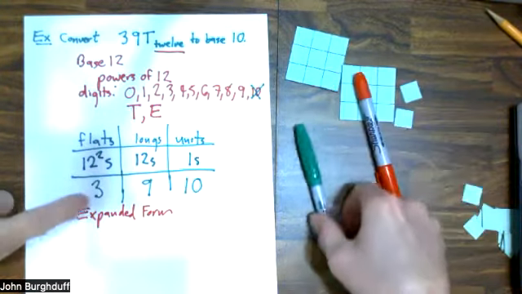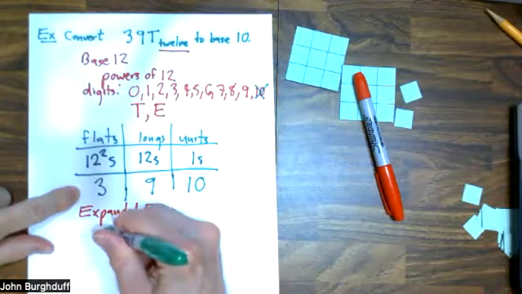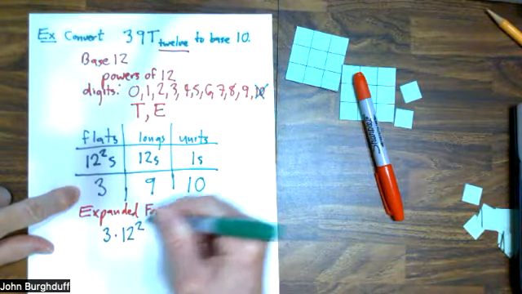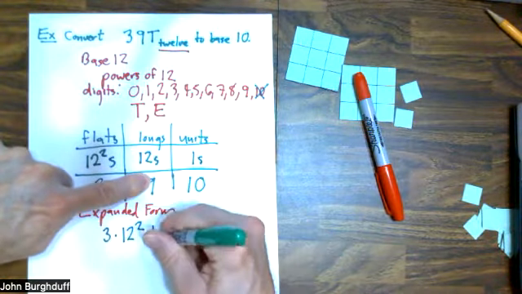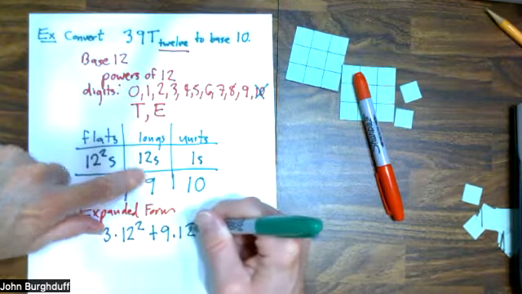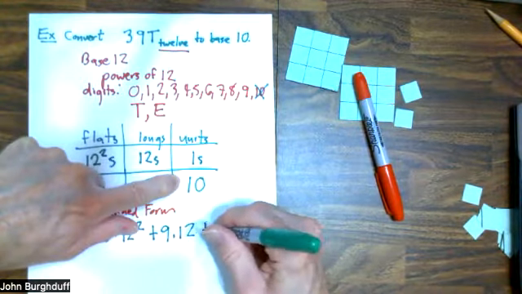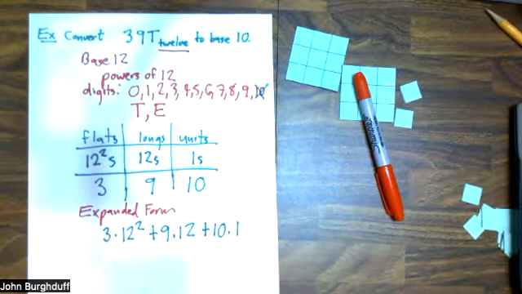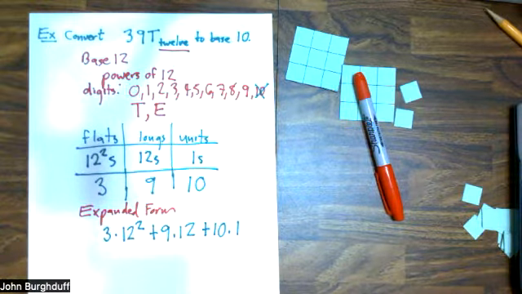We would have 3 flats, or 3 times 12 squared, 9 longs, or 9 times 12, and 10 units, or 10 times 1. And this calculation will give me the base 10 equivalent.